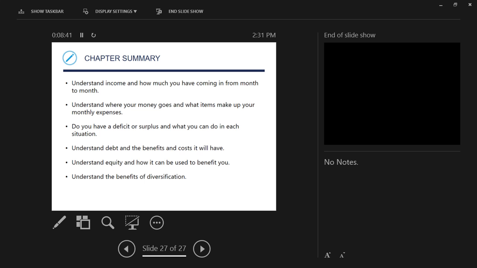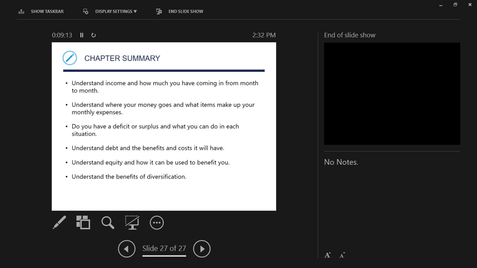So what discretionary spending do you have? And what does that have on your bottom line at the end of the day? And whether you have a deficit or a surplus, and then what you can do in each of those situations, with either bringing in more money, cutting your costs, or if you've got a surplus, what can you do with that? Can I make investments to make that extra money work for me?